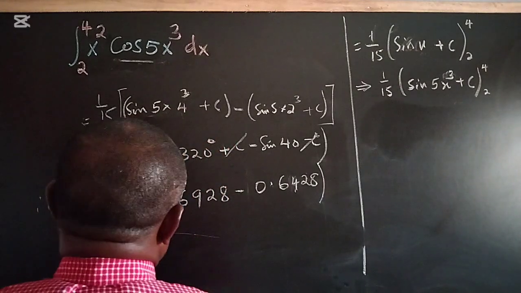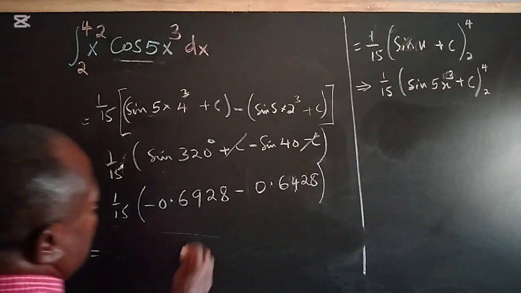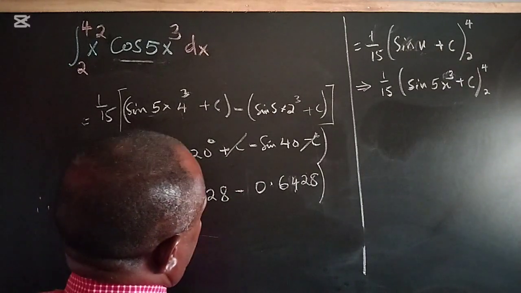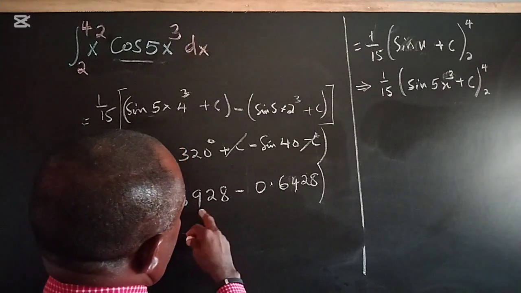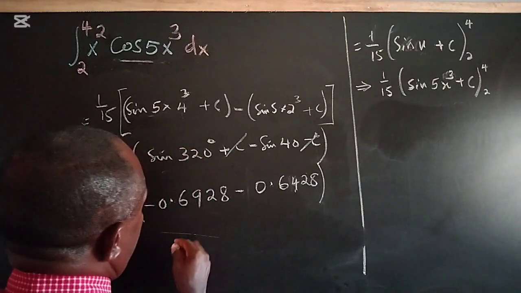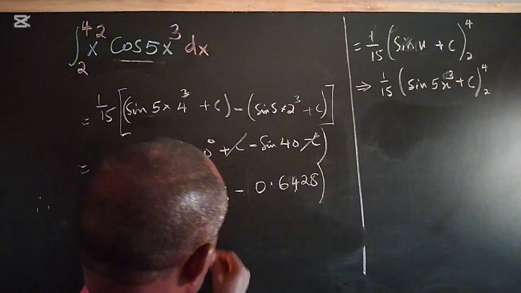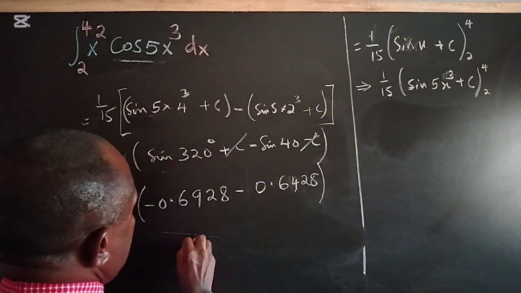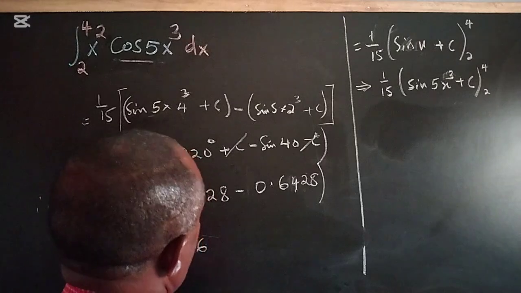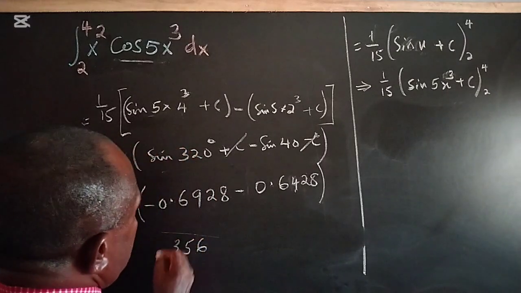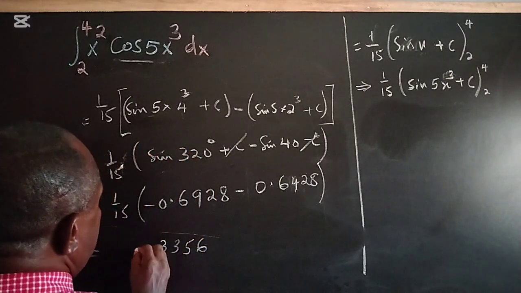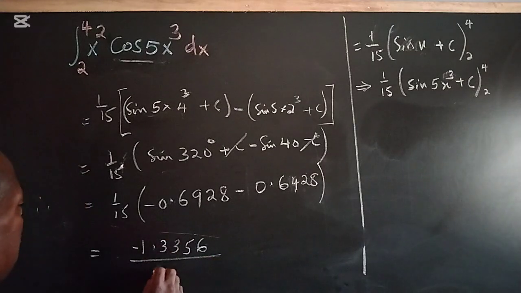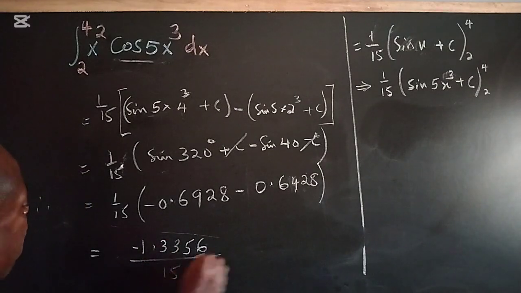Okay, so if we work on this minus, that means we're going to add. So if we add here, we are going to have minus 1.2856, all of this divided by 15.